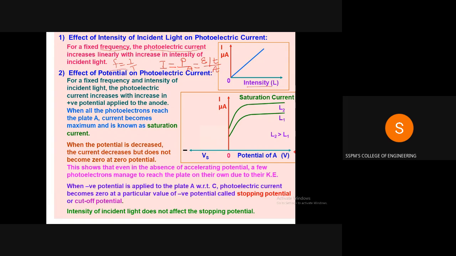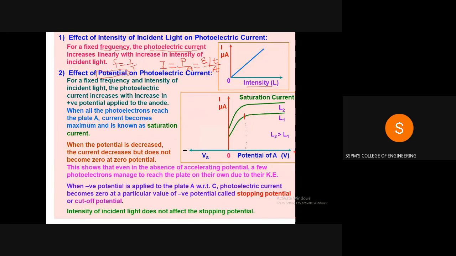Means the potential we are applying in between cathode and anode. If you go on increasing that potential, then photoelectric current up to a certain value of potential linearly increases, and beyond that particular value of the potential applied, from this potential onward, no rise in current is observed.